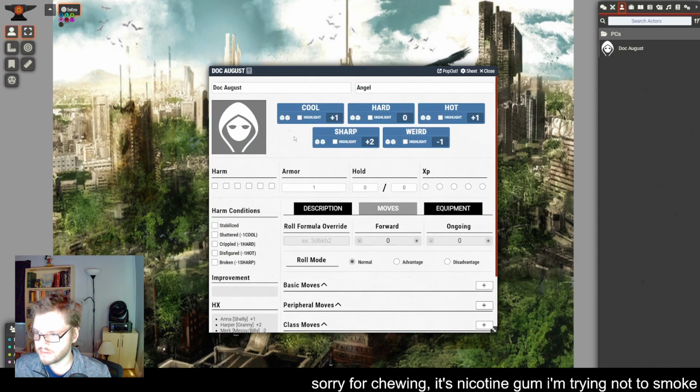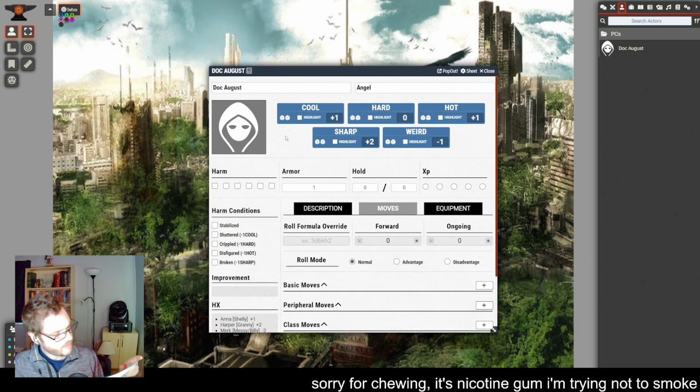So you will level up over time. You'll see on the sheet that you've got slots for experience. The way this works is you're going to highlight stats at the beginning of every session. You get 2 highlights.